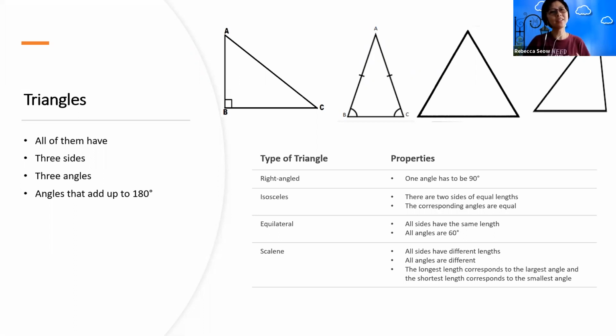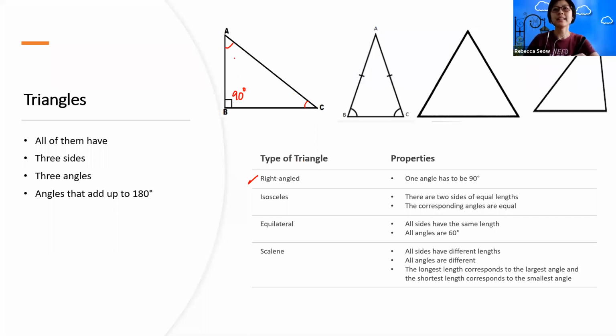Now, let's take a look at the types of triangles. We have what you call a right-angled triangle. And for the right-angled triangle, one angle has to be 90 degrees. The other two angles over here will both add up to be another set of 90 degrees.